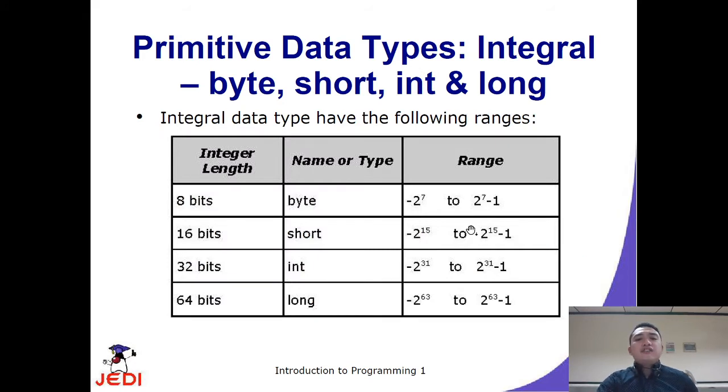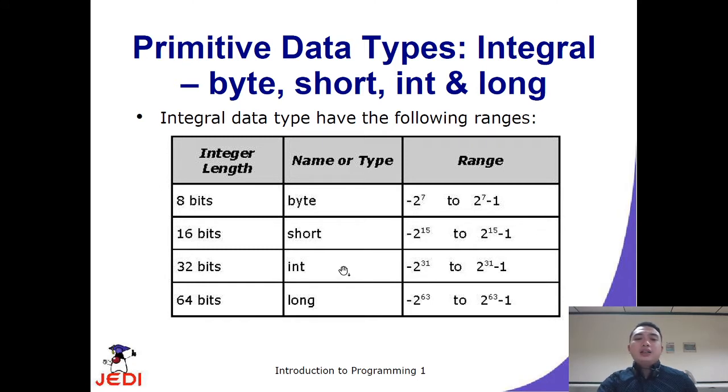These are the differences in terms of range and integer length of the different variations of integral data types. For byte, it's 8 bits and its range is negative 2 raised to 7 to 2 raised to 7 minus 1. For short, it is 16 bits, negative 2 raised to the power 15 to 2 raised to the power 15 minus 1.